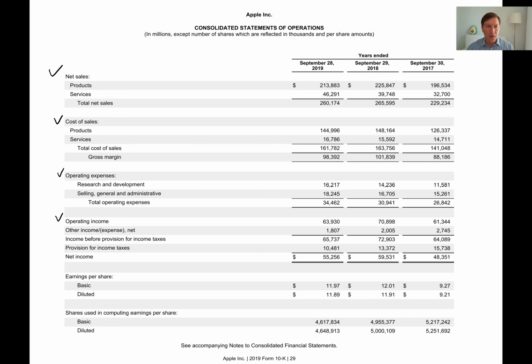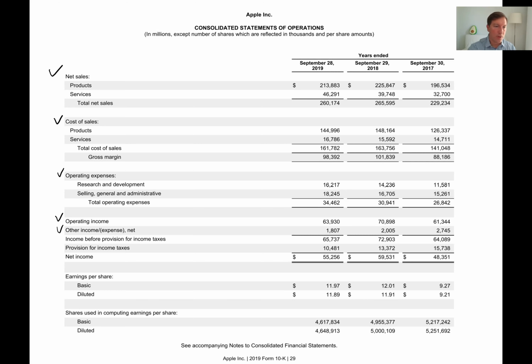Operating income. And below operating income, we have things like interest expense, which is here included in other income. We have sometimes interest revenue if we lend money, and we have interest or dividends that we earned if we made some investments. So these are sort of non-core types of revenues and expenses.